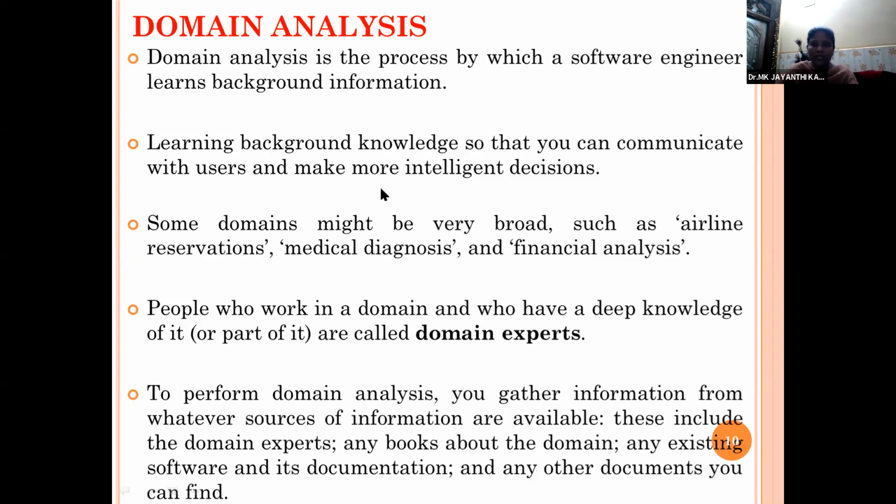We are doing projects for different users. So the broad area of projects can be classified based on the domains. Say we can say banking domain, financial domain, agriculture domain, educational domain and hospital domain.